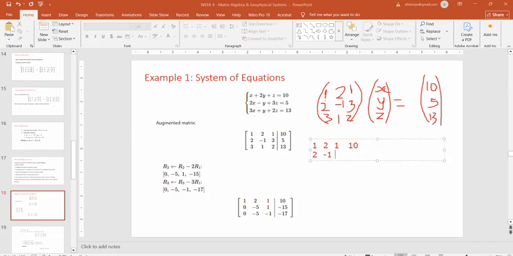I want to do it, 3, 5, 3, 1, 2, 13. Good. I try to arrange this form so that I will have control over it in a faster way.